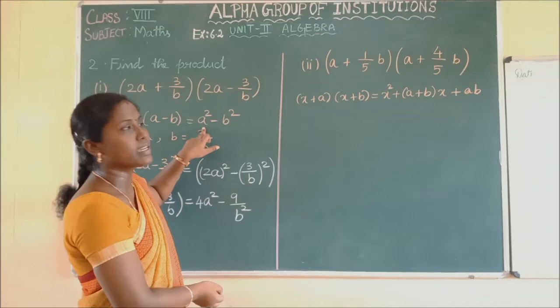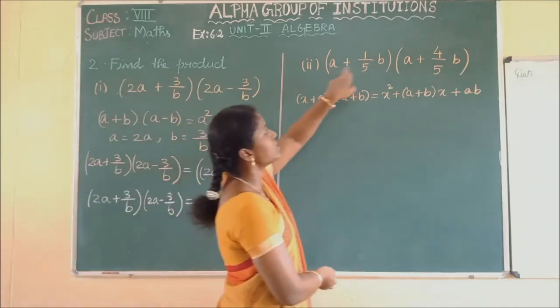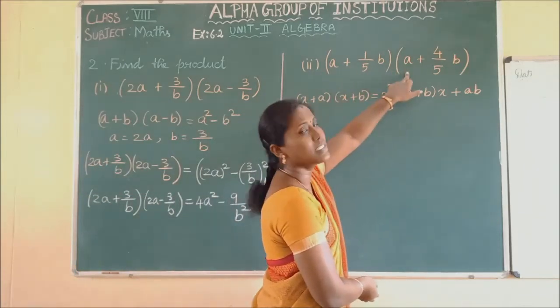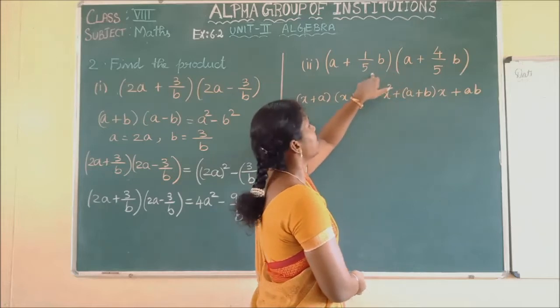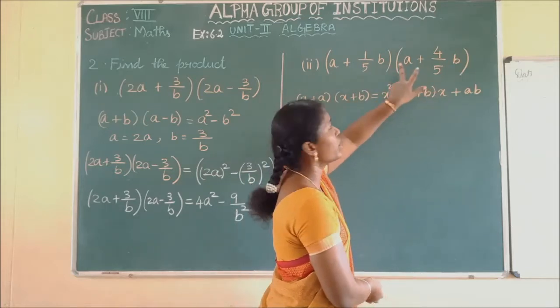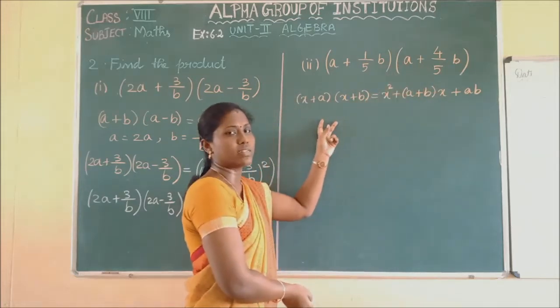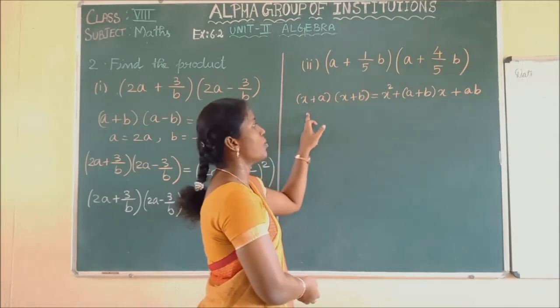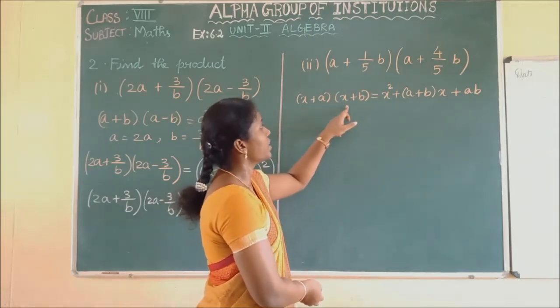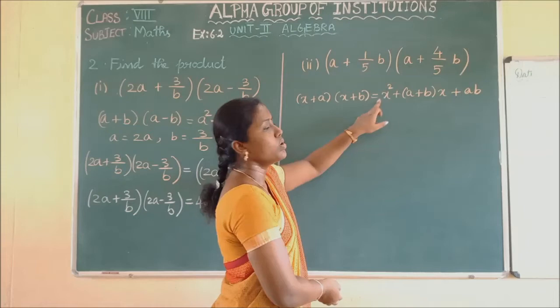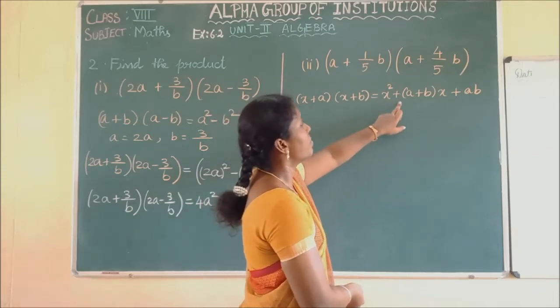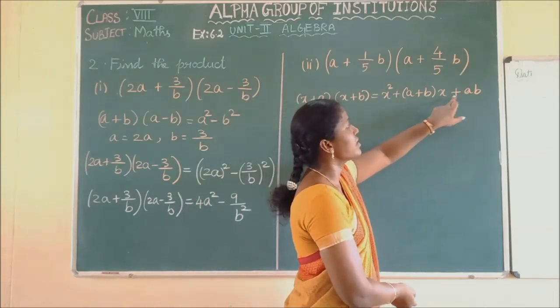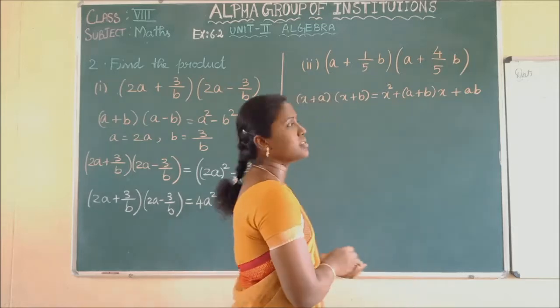Here the first elements of this expression are the same, but the second terms are different. So we have to choose a suitable identity for that. So the given question is in the form of (x plus a)(x plus b). So the expanded form is x square plus (a plus b) x plus ab. Okay, this is the formula.